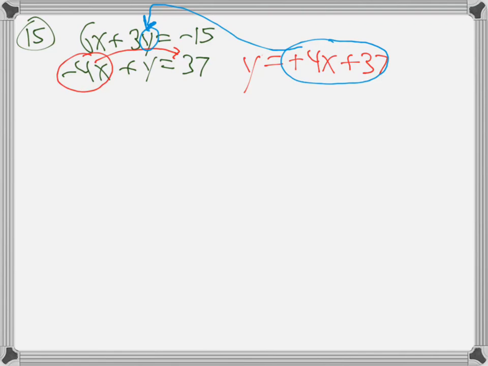From there, you can solve for x and solve for y.